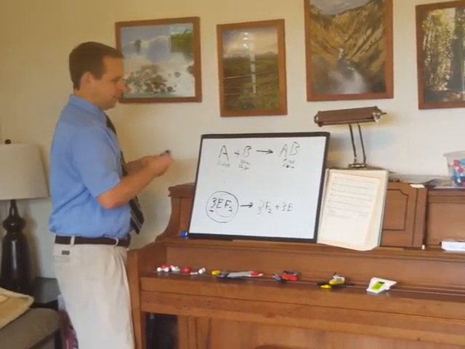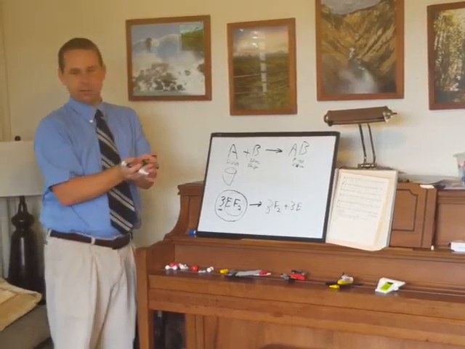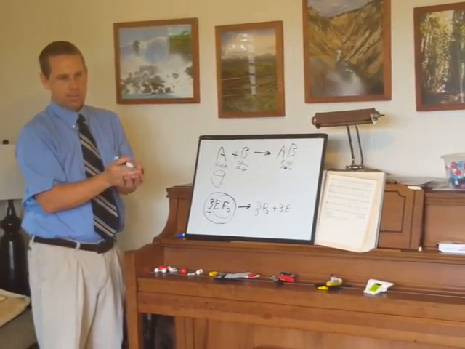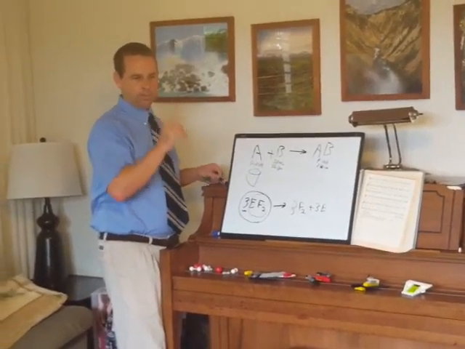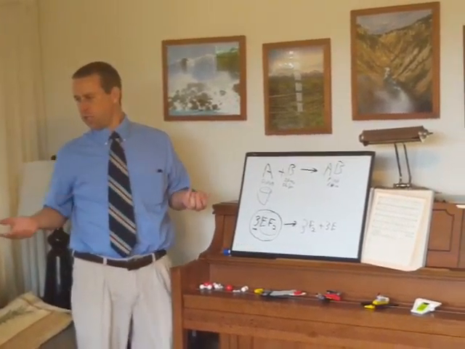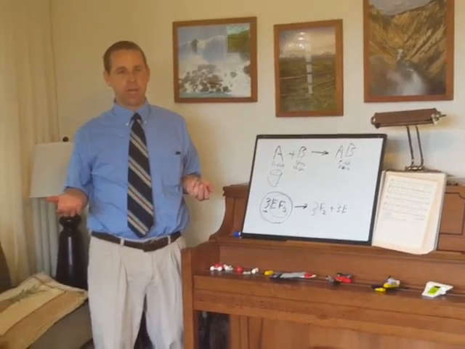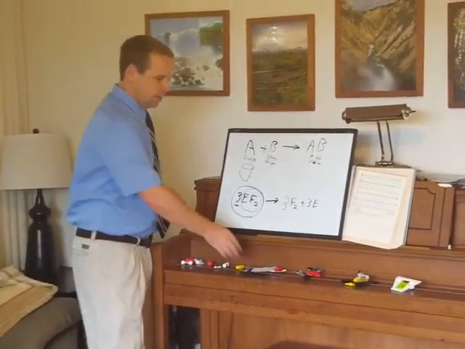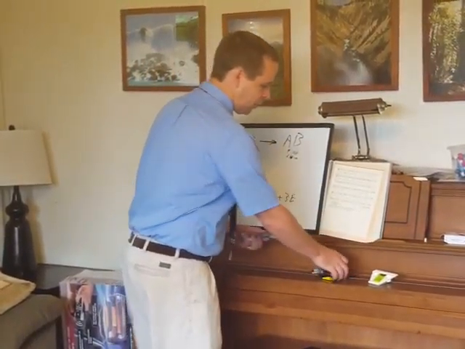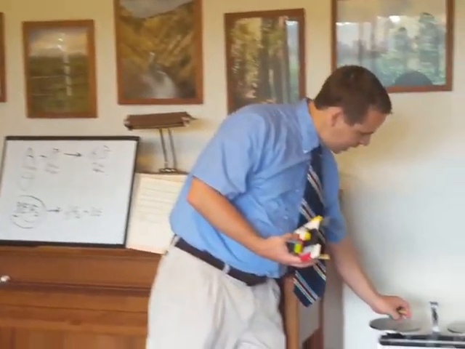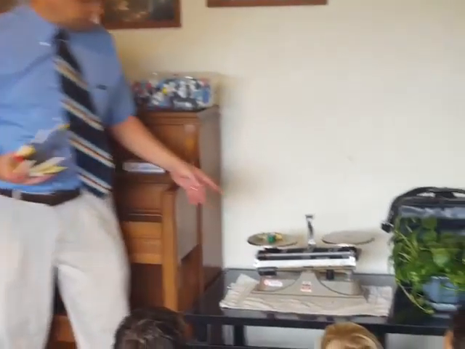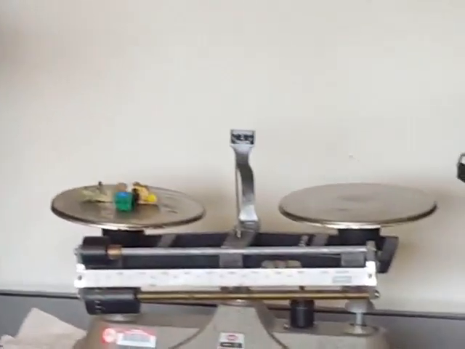If I have a bucket of pilots, and I know I want how many pilots for every spaceship? One. I want one pilot for every spaceship. And if I weigh out from my bucket 4 pilots and I put them on this side, it's going to make the balance move to the left, correct?